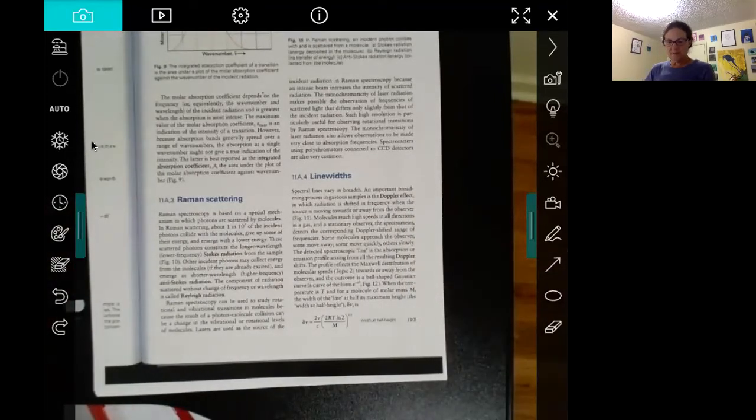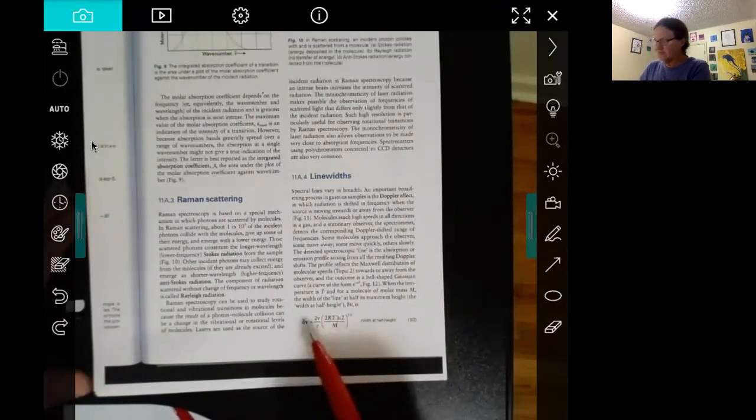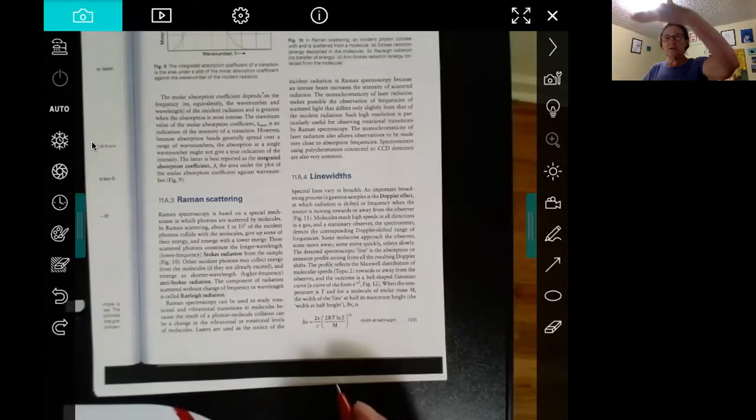If you have a sample of gas molecules and they're going at different velocities, which Maxwell's distribution of speeds way back from Chem 107 taught you, the particles are flying around at different speeds and you have some average speed, but some are going faster and some are going slower. As a result, some of them are going towards the light and some are moving away from the light.